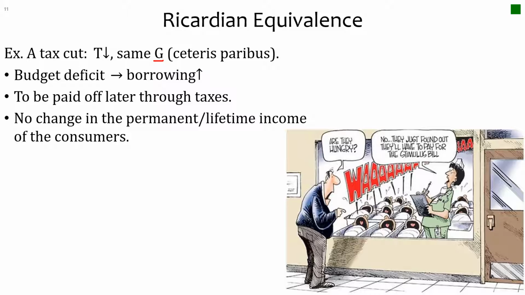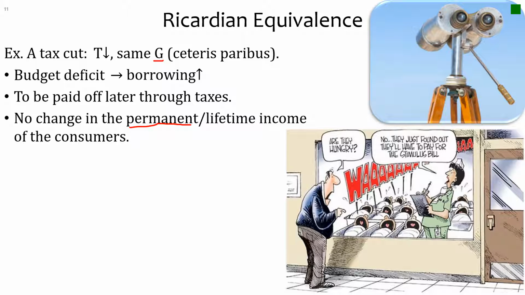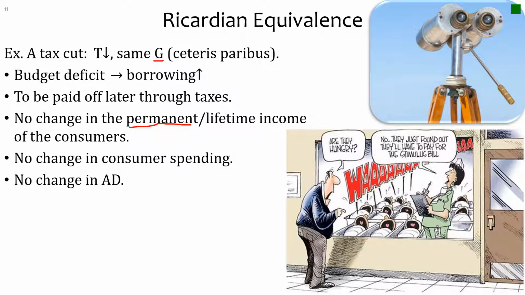Okay, so effectively what people care about is their permanent income. Okay, which means they look forward and they take into account any future taxes that come their way. That's the idea of forward-looking expectations. And that's going to result in no change in consumer spending, even though there is a tax cut, because people take that into account, which means no change in aggregate demand, and that is an ineffectiveness of fiscal policy. Pause here and write down.